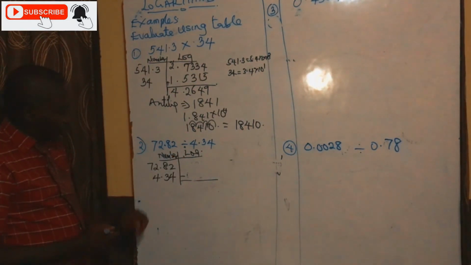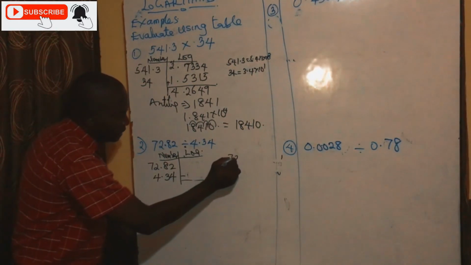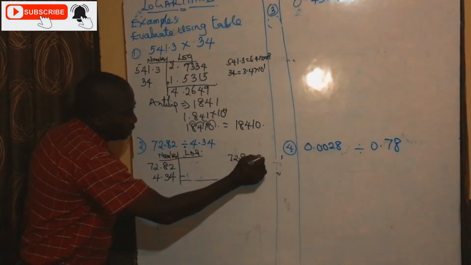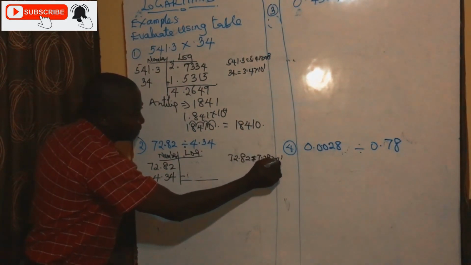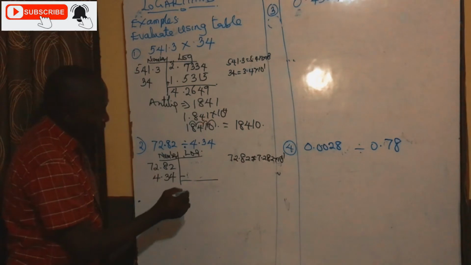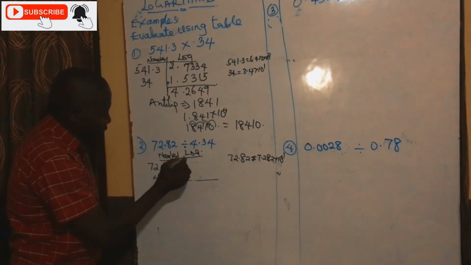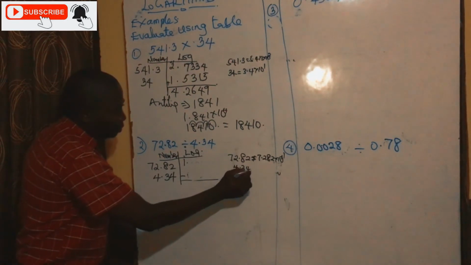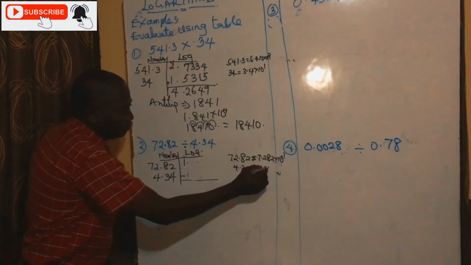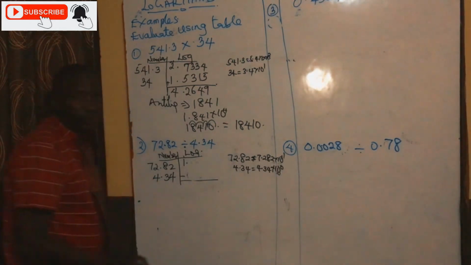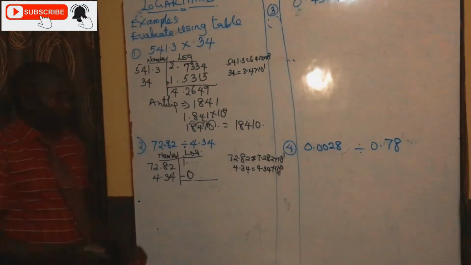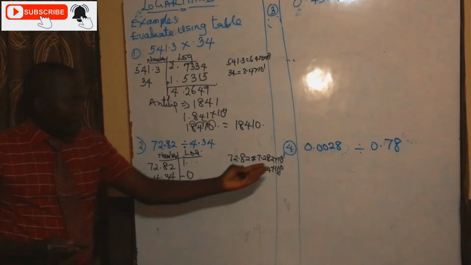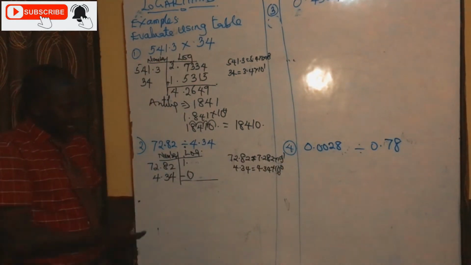So what we need to do is to write this one in standard form: 7.282 times 10 raised to power 1. The characteristic of this one will be 1, the power of 10. 4.34 will be 4.34 times 10 raised to power 0. The characteristic will be 0. Always ask the student to write it in standard form and pick the power of 10 as the characteristic.